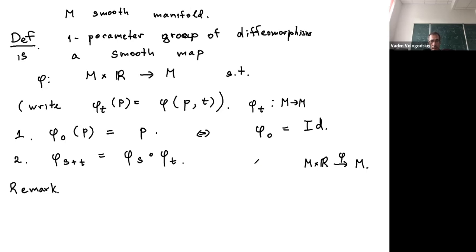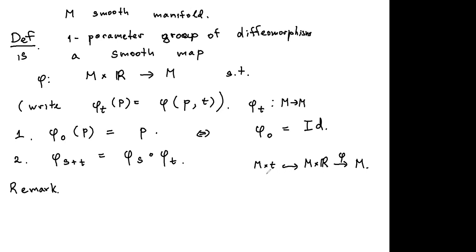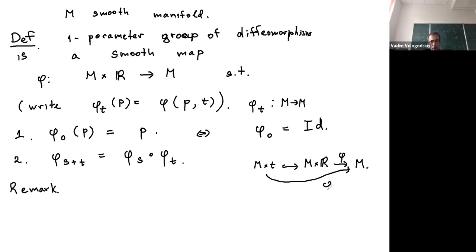This is M times 1 point. It sits here. So the composition is what we call phi sub t, and because phi is smooth, and this inclusion map is also smooth, I can identify it with M. The composition is also smooth, so phi sub t is smooth.